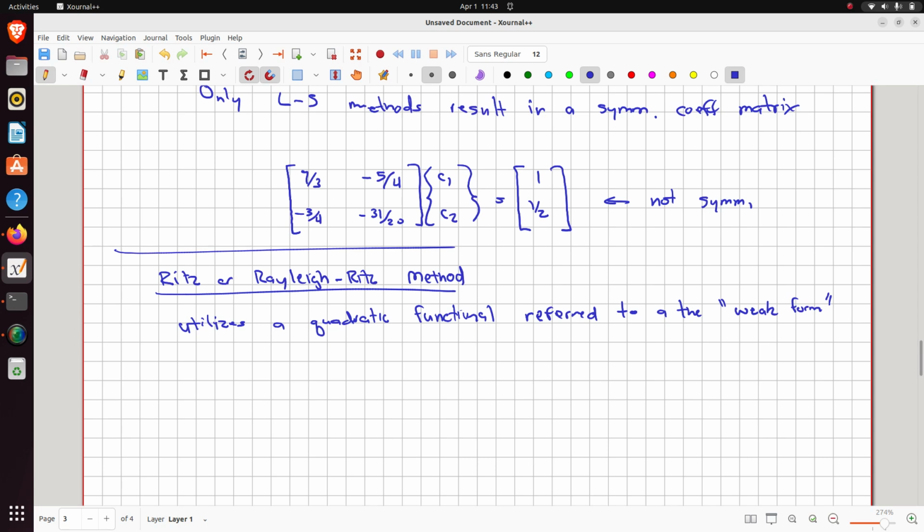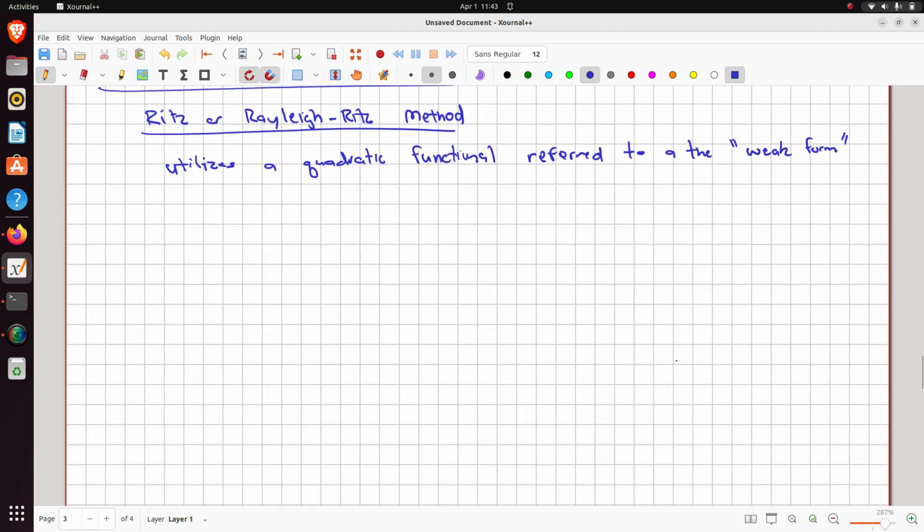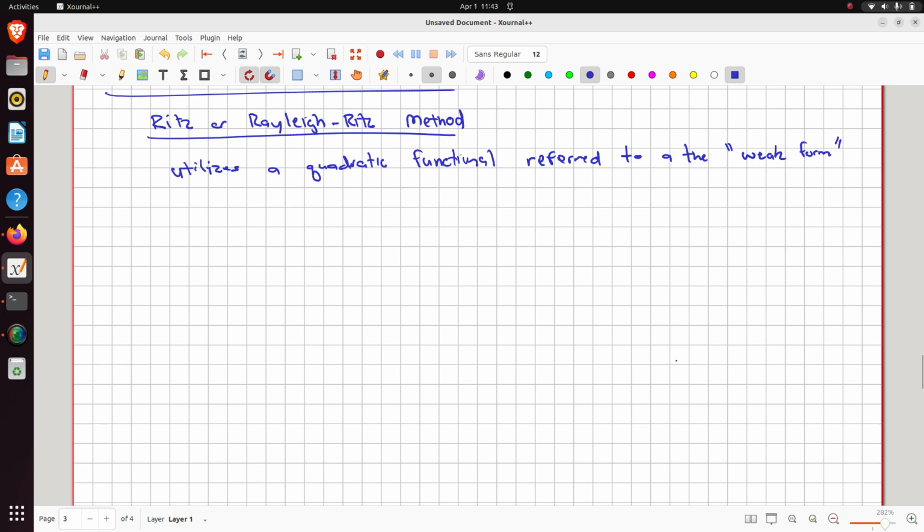Okay, so let's talk about the weak form. So for any differential equation we can derive a weak form, and there's a 3-step process to doing it.